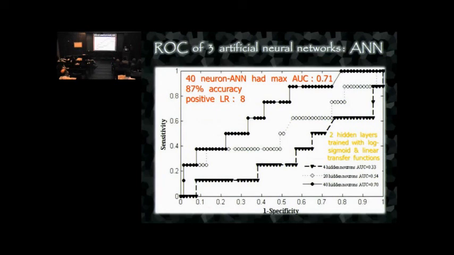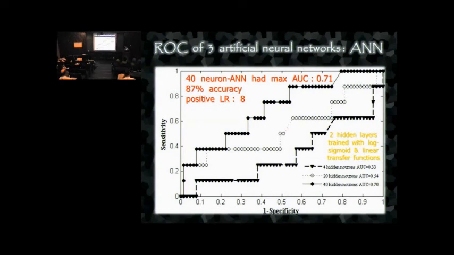We reached an area under the curve of almost 0.77, the likelihood ratio was 8, and the overall accuracy was close to 90%. And these are good indices for an artificial intelligence model.